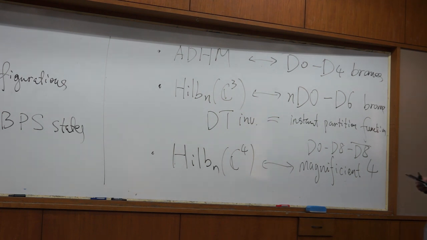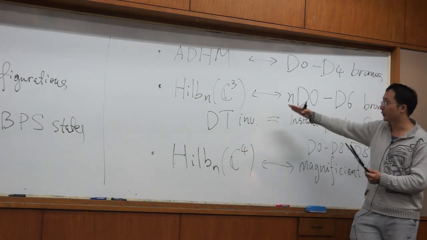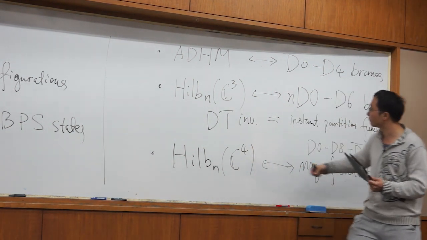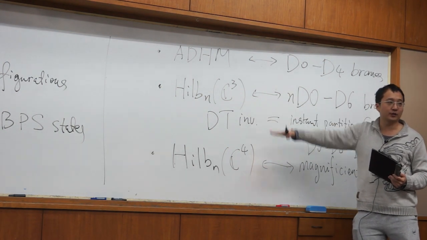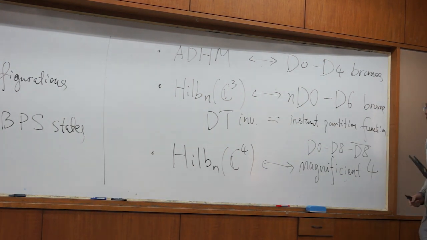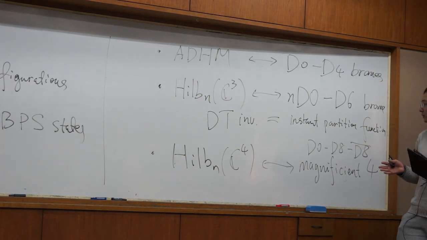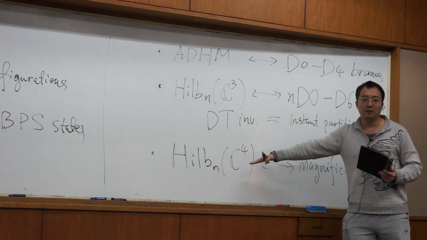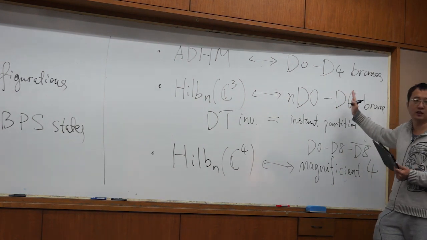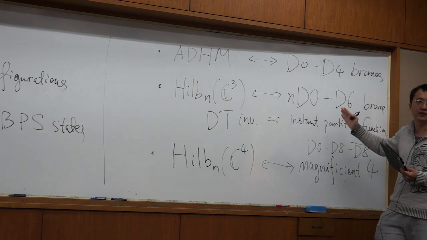So our motivation is trying to build something in between. You see there's a gap between C3 and C4, right? What we are trying to do is find a brane configuration which lives in C4, but on the other hand is just a union or intersection of D6 branes.